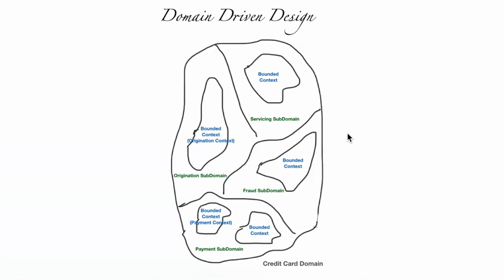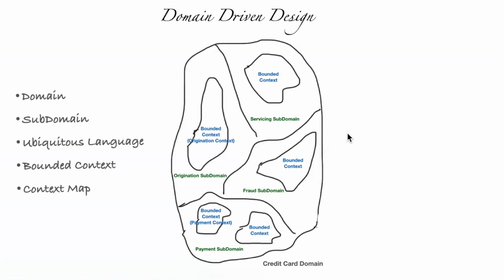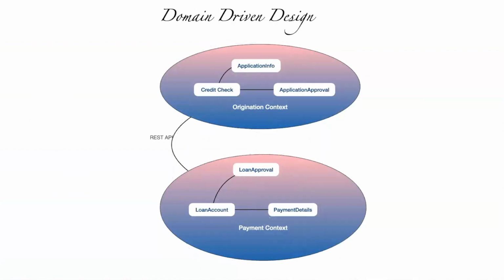Let's look at the other side of it. We talk about two contexts, right? Origination and payment. Let's talk about how these contexts are interrelated and how they communicate with each other. They do that with a context map. A context map is nothing but a relationship between two bounded contexts.